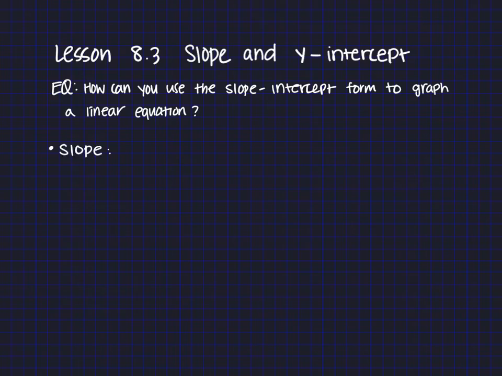A slope is a number represented in front of the x value, and it tells you how slanted your graph is going to be. What I put down right here are two things: vertical change over horizontal change. Whenever we see a vertical change, we're talking about the change between the y values.